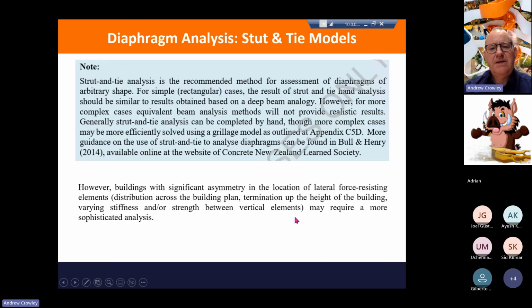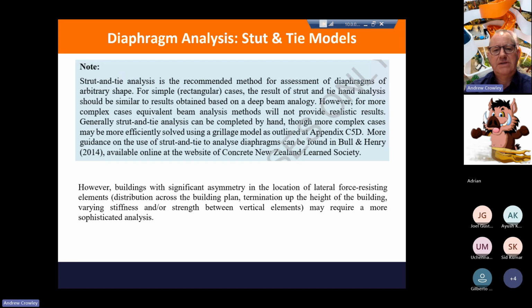They're recommended for simple analysis, and strut and tie models are usually good enough to be done by hand. However, there comes a point where it becomes difficult to do it by hand, particularly if you've got irregularities in your structure, or holes on plan, for example.